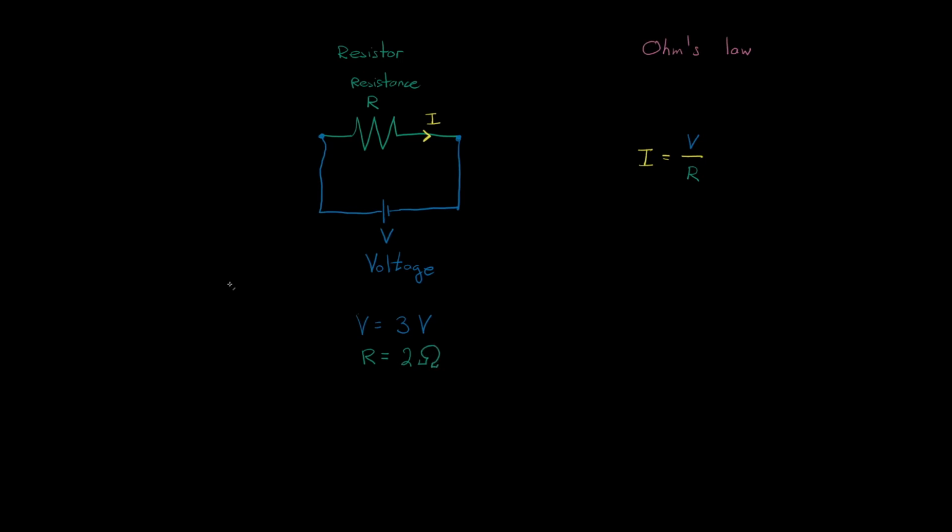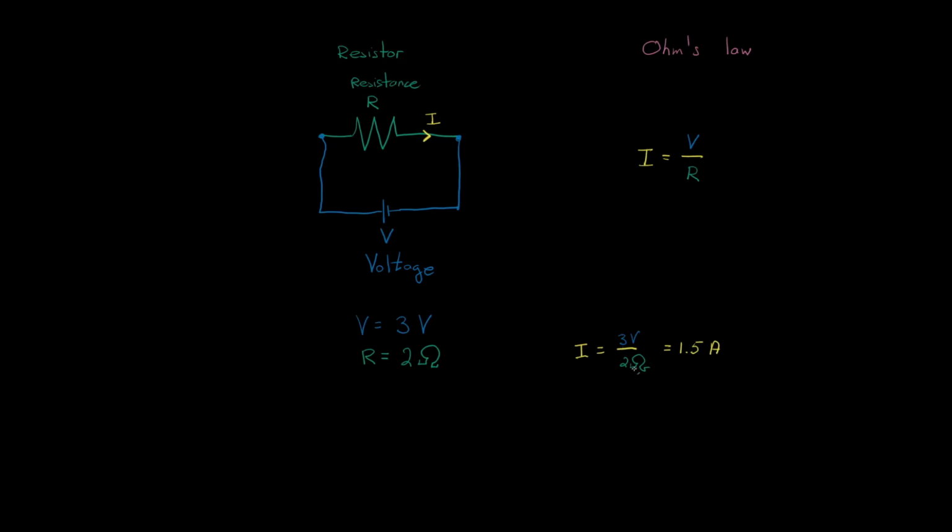If we do that, then we know that the current flowing through this resistor is going to be 3 volts over 2 ohms, which is going to be 1.5 amps.